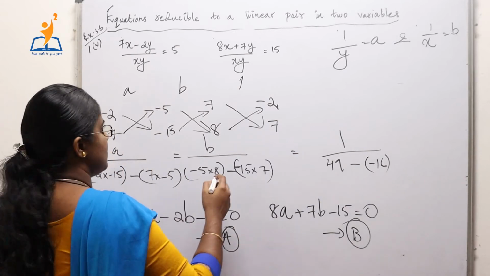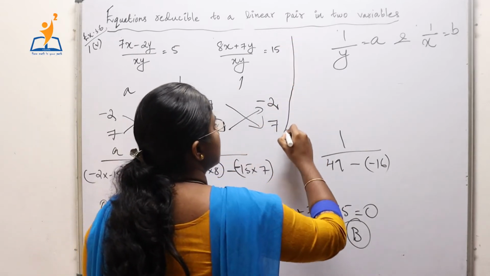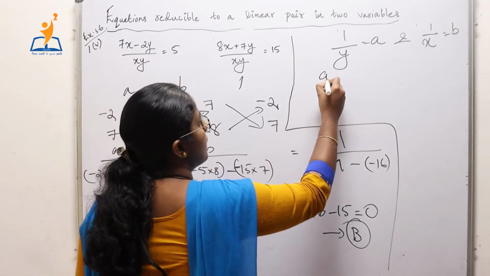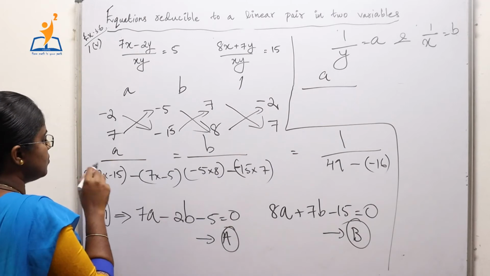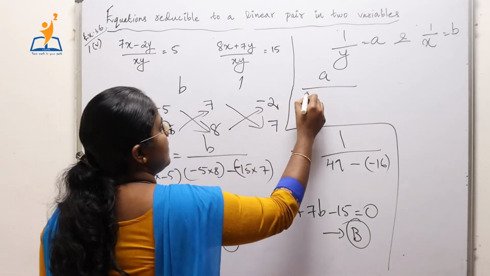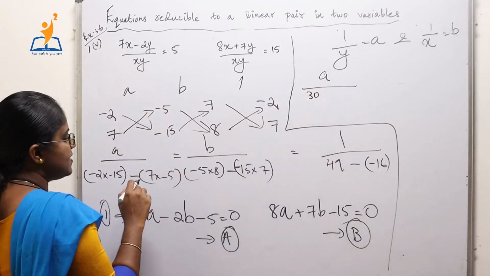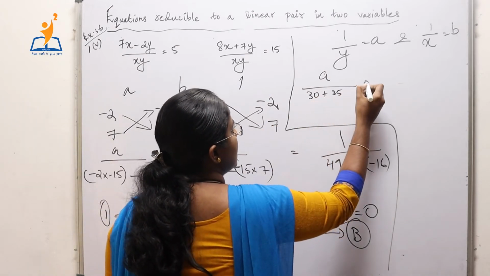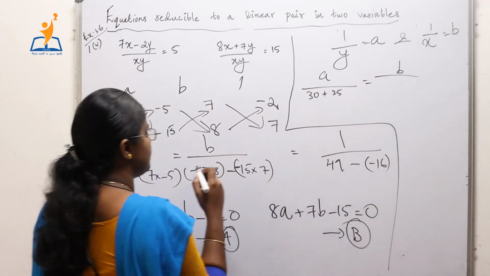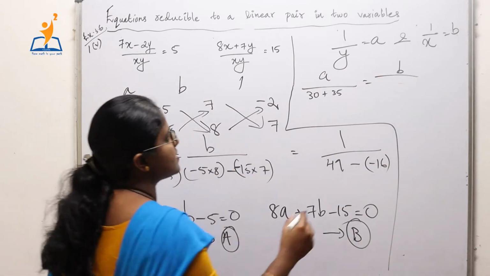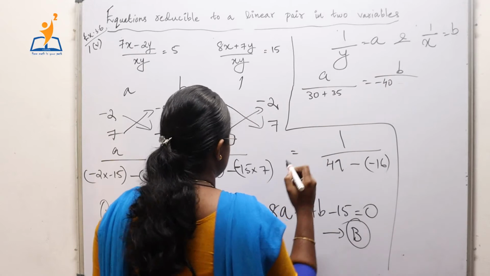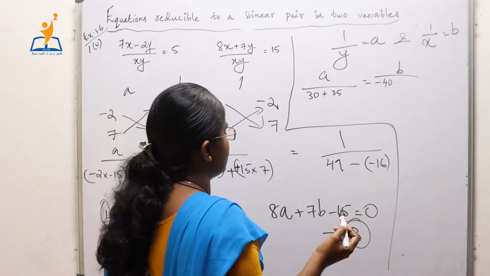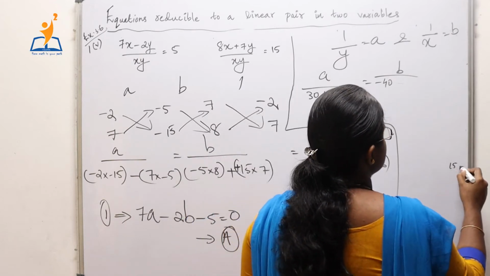Now we can simplify this, that is a by minus 2 into minus 15 is 30. Minus gets positive, 7 into 5 is 35, so 35 plus 30, which is equal to b by, we have minus 5 into 8, minus 40, and minus gets positive, so 15 into 7, what is 15 into 7?